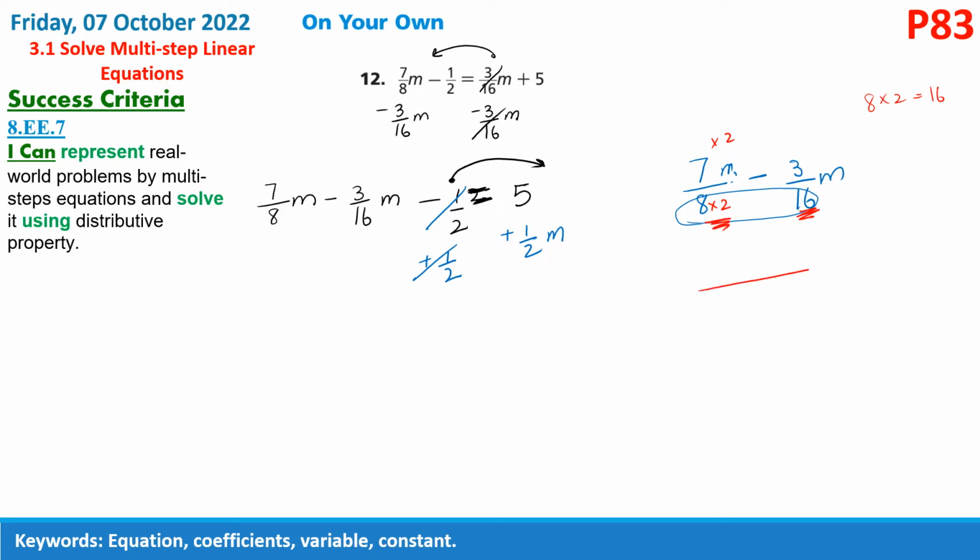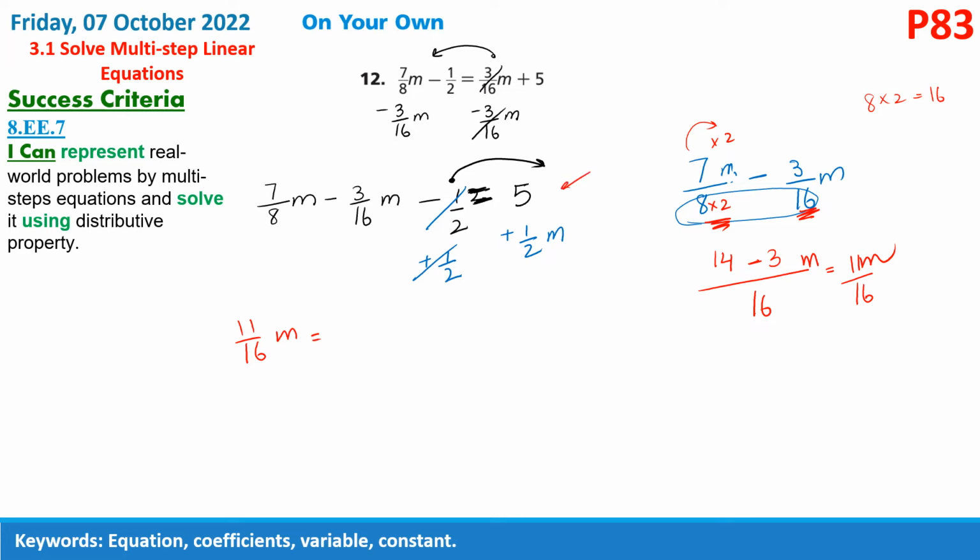So we write only 1 times 16. Now up 1. 7 times 2, 14. Minus, here we don't need to multiply anything. So just write 3. Now 14 minus 3 is 11 over 16. And m, just rewrite 1m.